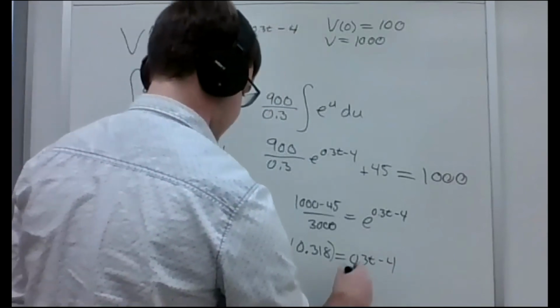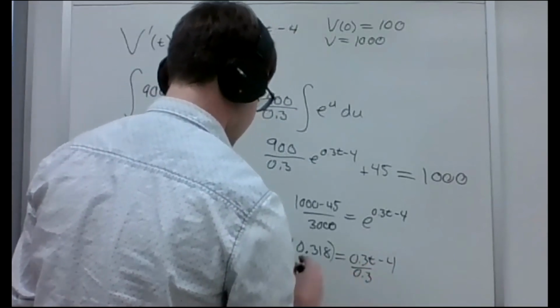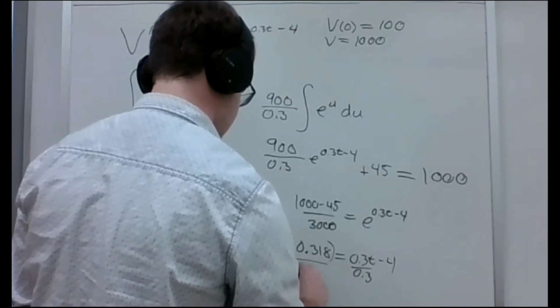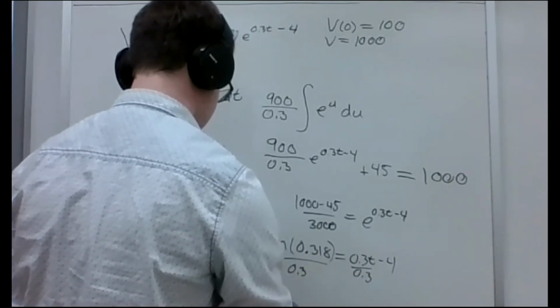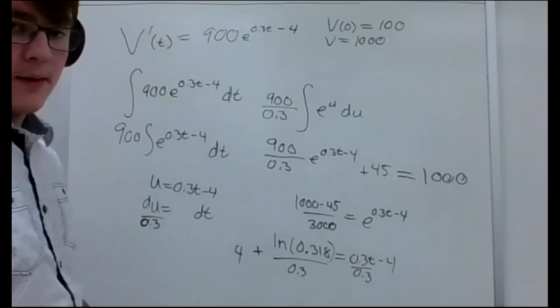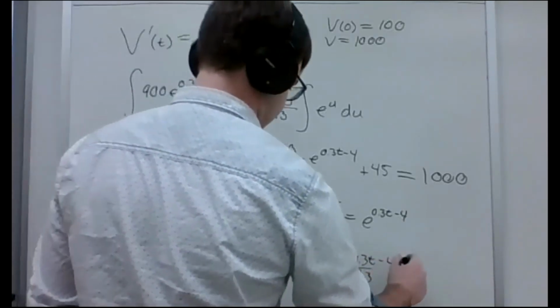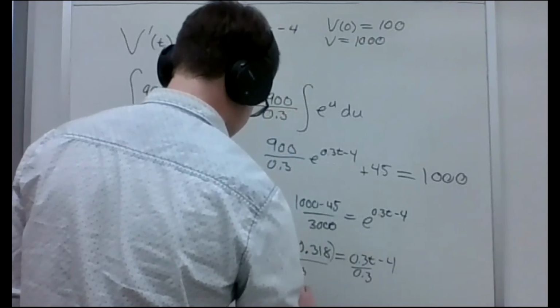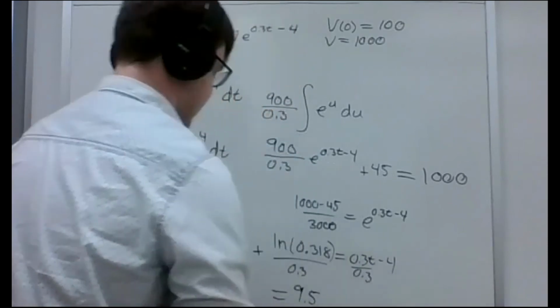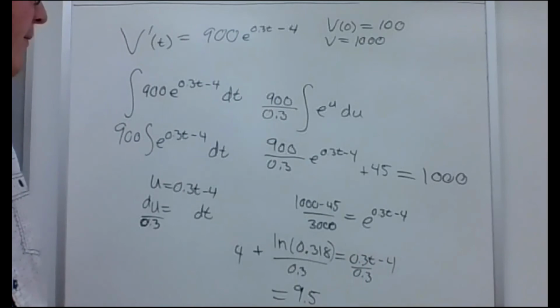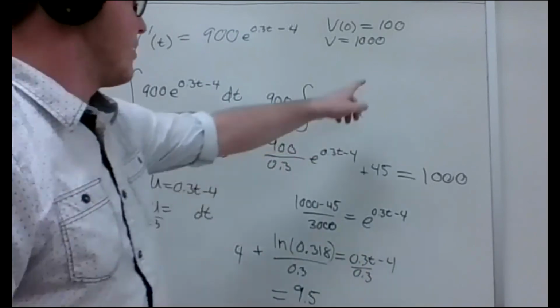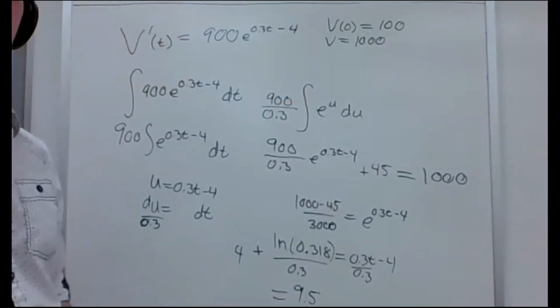And then we divide across by the 0.3 and add 4. What did you get? 9.5. And I think that is right. So that comes out to equal 9.5, and let's say that's weeks. So it takes 9.5 weeks from when the show started with 100,000 viewers to get 1 million viewers.